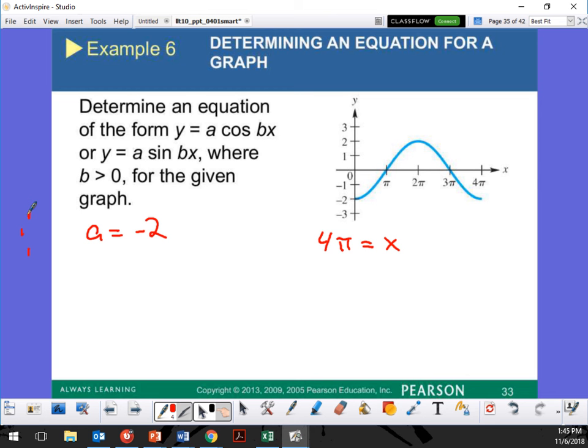So to make it into 2 pi, what would I do? Divide by 2. Yes. So right here I get 2 pi is equal to x over 2, right? So if I look at the type of problem, this is what is going to be right here for my angle. So right here I'm going to have the bx. So my bx will equal x over 2.